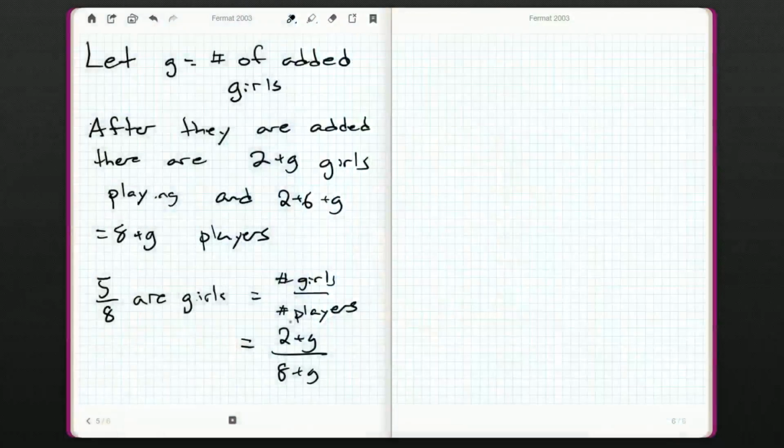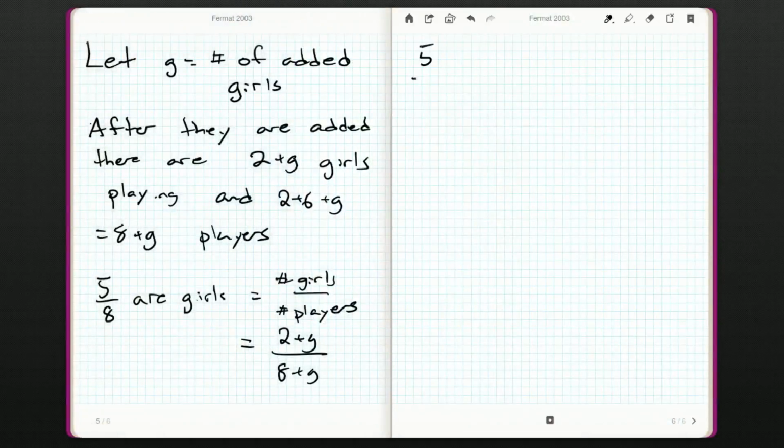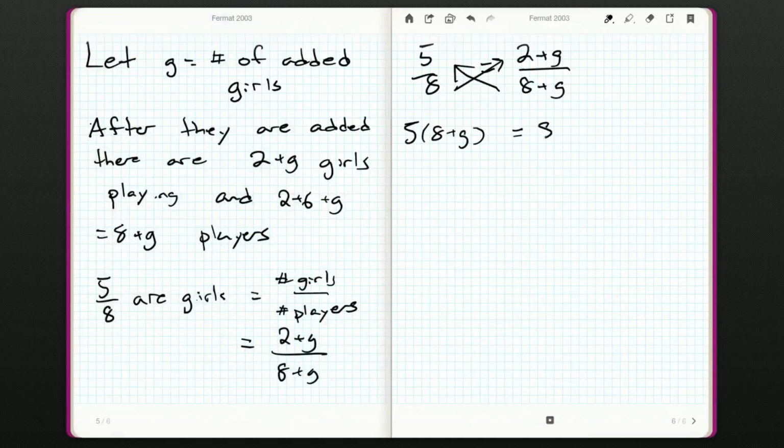Okay? Either way, if you want to be exact, we can just take this equation and rearrange it and get an equation to solve for in terms of G. So 5/8 is 2 plus G over 8 plus G. We can multiply. We get 5 times 8 plus G is 8 times 2 plus G. So on this side we get 40 plus 5G is 16 plus 8G.